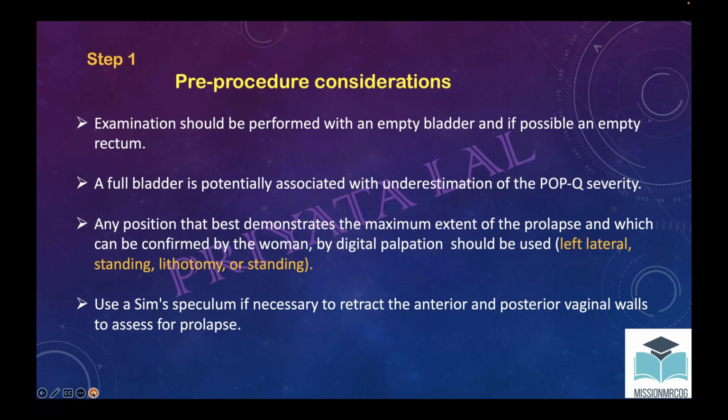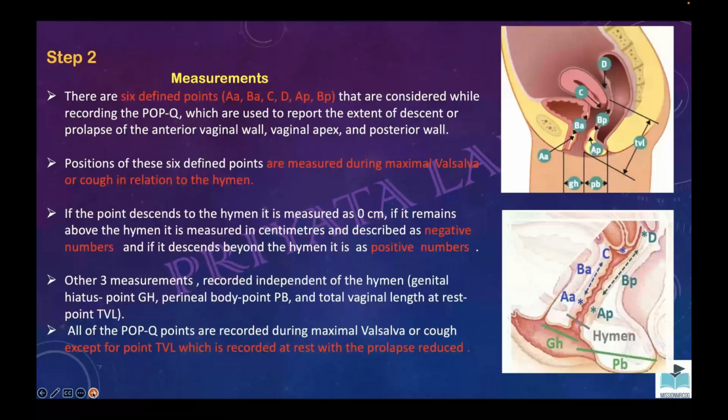Now we do certain measurements, and it is important to know them. There are 6 defined points. What are the points? Capital A, capital B, and C, these are for the anterior part. And capital D, capital AP, capital A and small p, or BP.